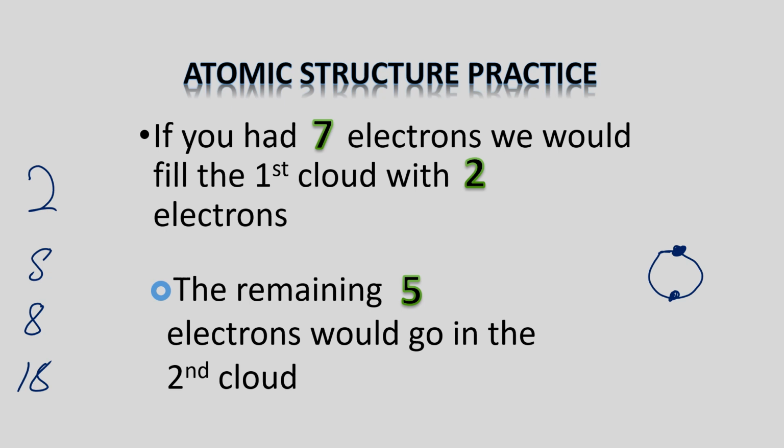Now, we still have 5 remaining, so we know there's going to be a second shell. 1, 2, 3, 4, 5. And so we can actually figure out what element that is, but we're going to go ahead and skip that for right now.